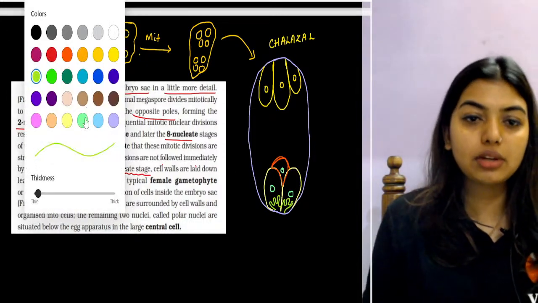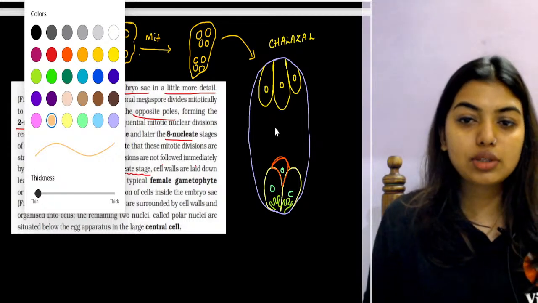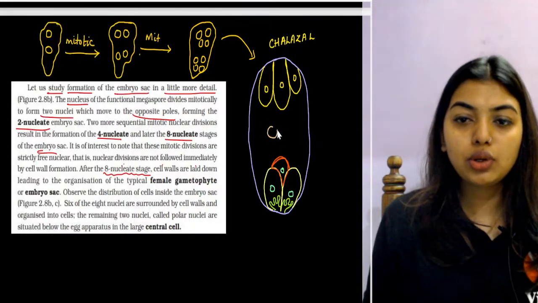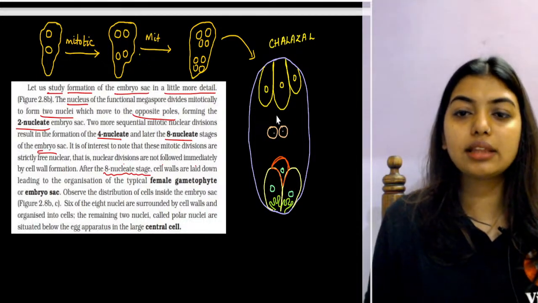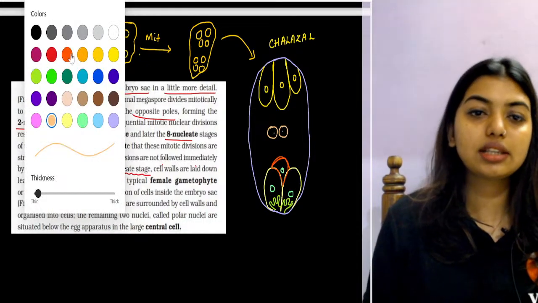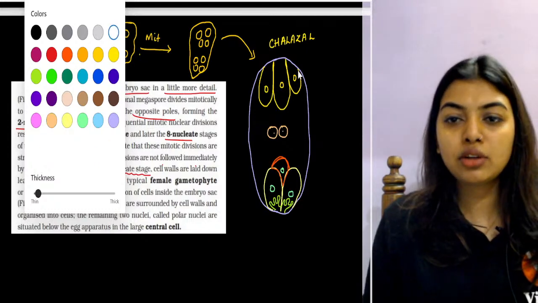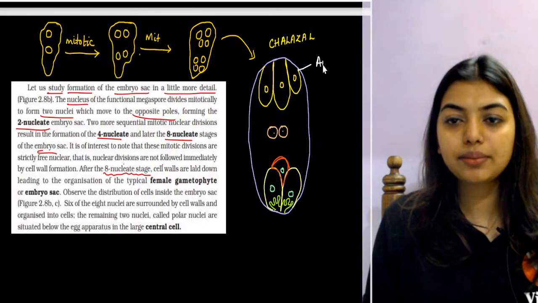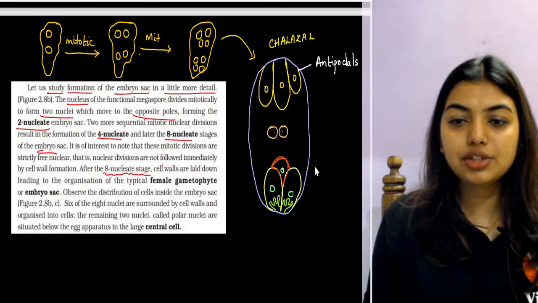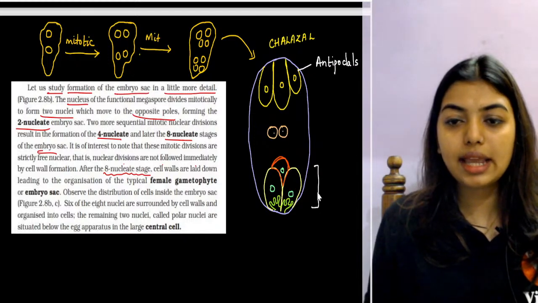Now in the middle of this embryo sac, you have two nuclei which are called the polar nuclei, and this area is called the central cell. Is the structure clear to all of you? So I will call this the antipodals. These together I can call the egg apparatus.